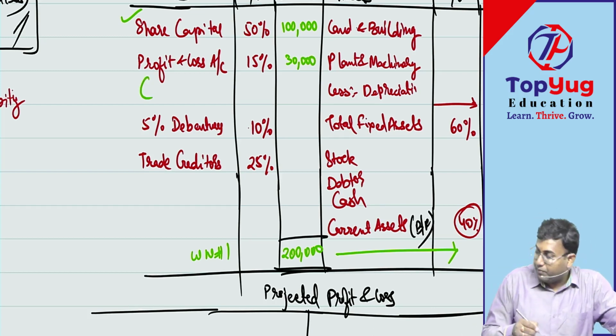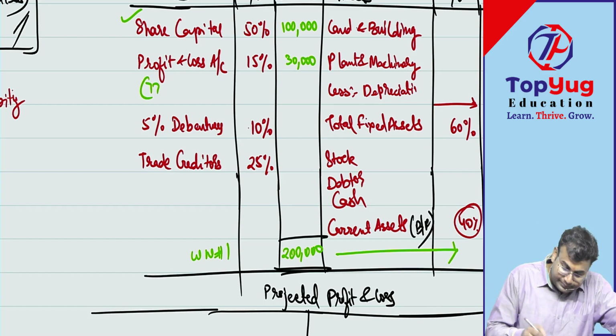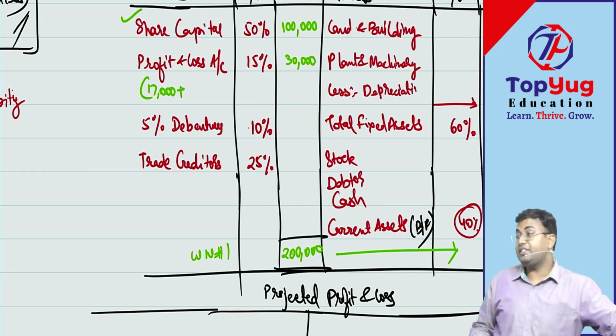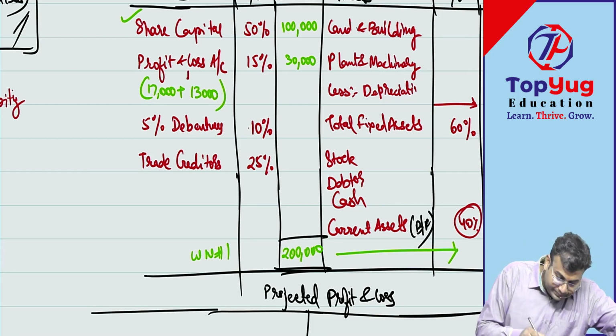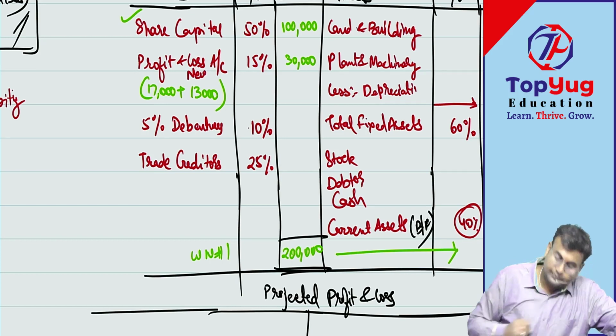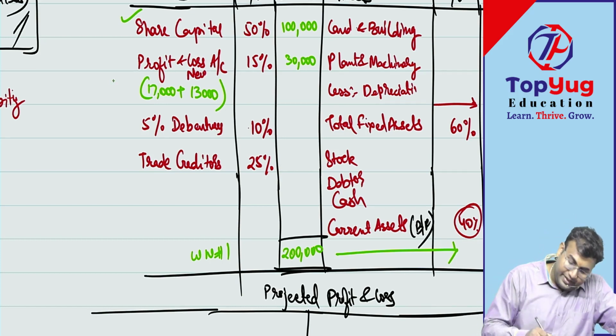Already existing profit is 17,000. It is already given in the balance sheet. So how much profit is increased during the year? So that is the new profit. Correct? Let me name this as working note number 4.